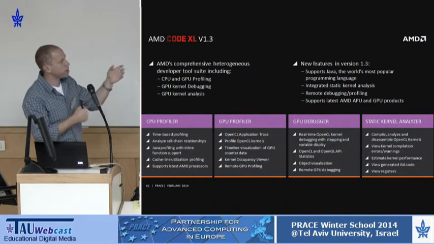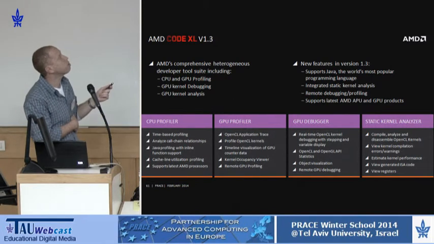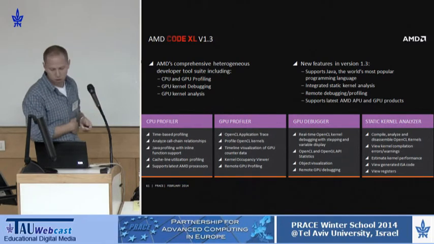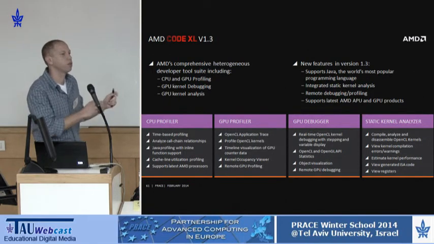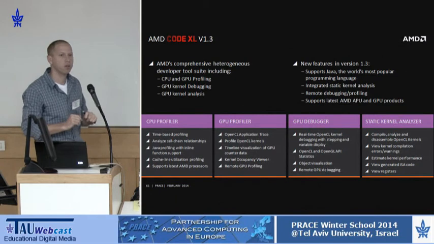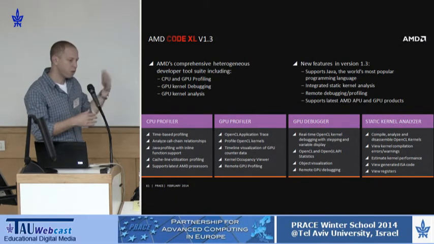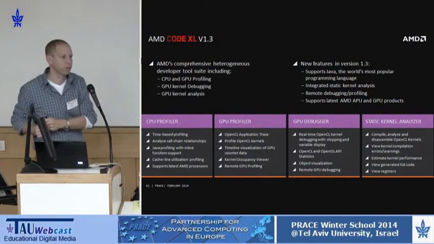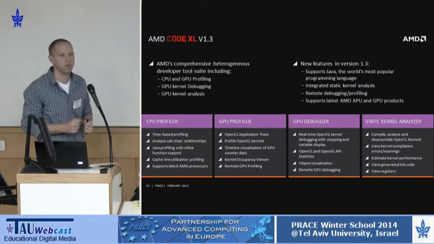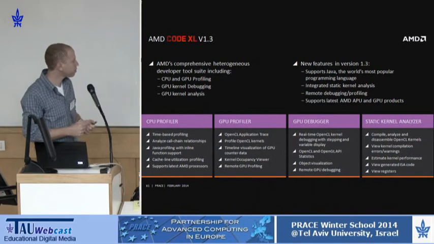We also have inside it, new to version 1.3, a static kernel analyzer or shader kernel authoring tool. You can write your own kernels offline and compile them offline and quickly sort out all the compilation errors without running your program, which is sometimes very convenient for developers.